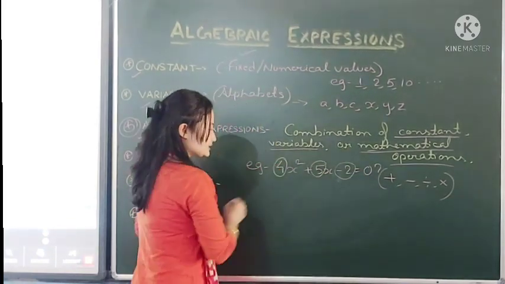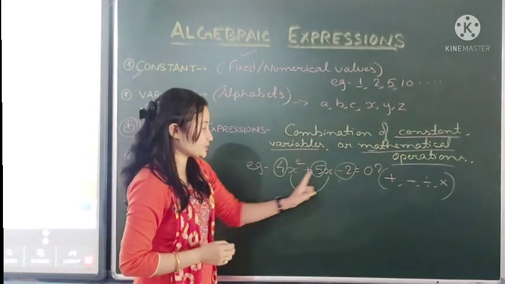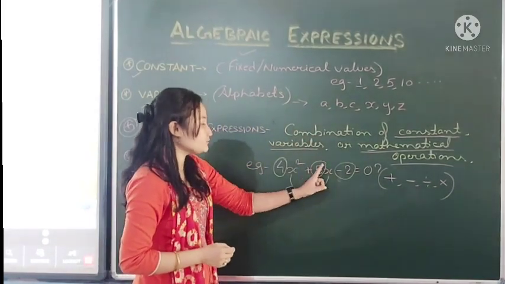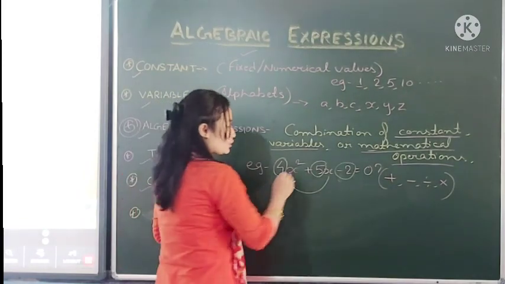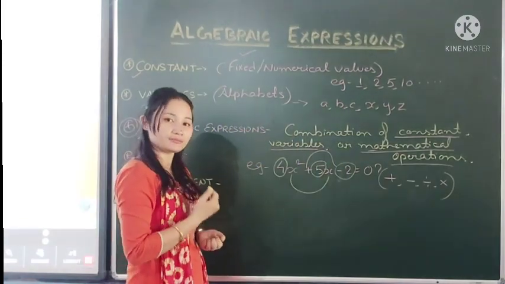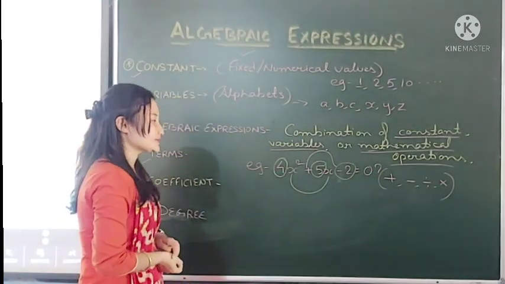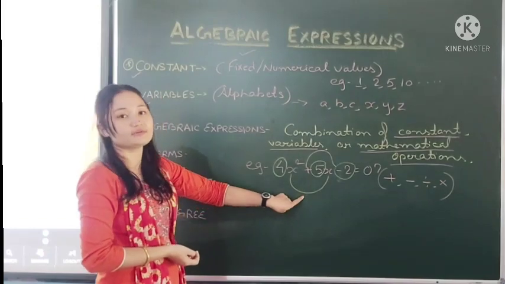Next, x square and x are variables, that is a combination of variables, and along with the variables we also have mathematical operations, that is plus and minus.